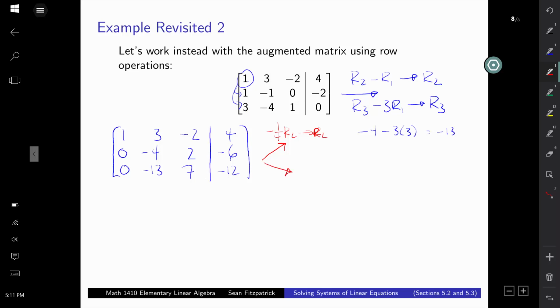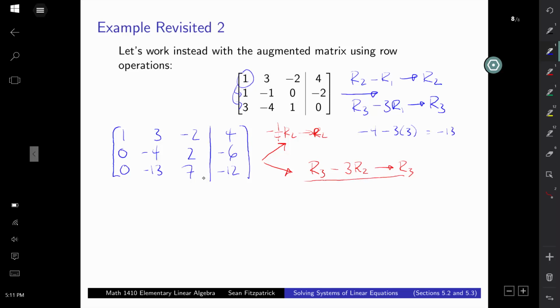The other way you could do this, if you don't like the fractions, is I'm going to do row 3 minus 3 row 2 and make that my new row 3. Why do I want to do it that way?